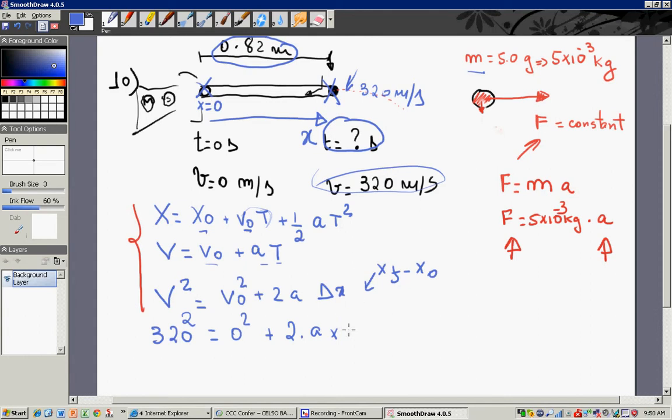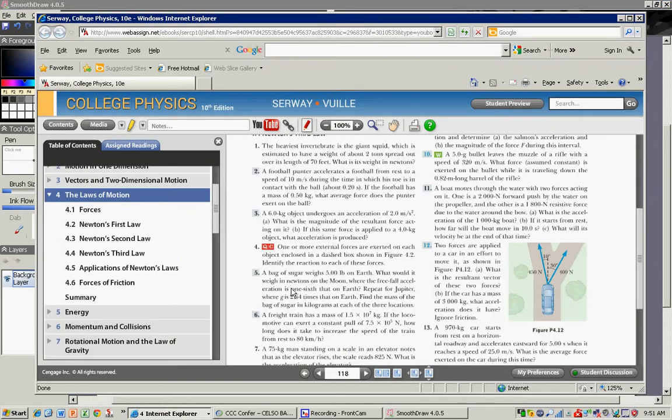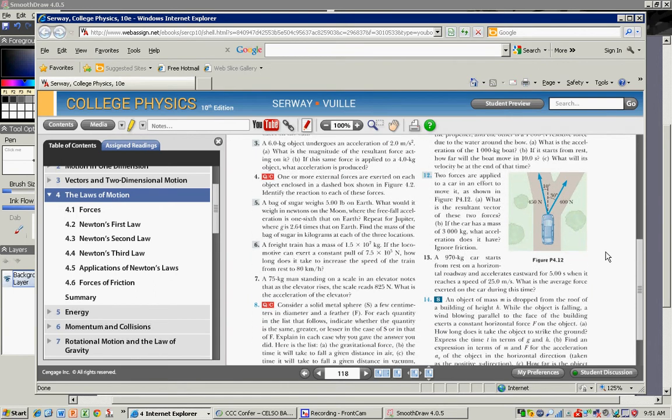So when you take your x-axis going this way, final position 0.82 minus initial gives you 0.82. So from here we can determine our acceleration: 320 squared divided by 2 times 0.82 meters per square second. And once you take this value, plug it in there, and you can find your force. Okay?